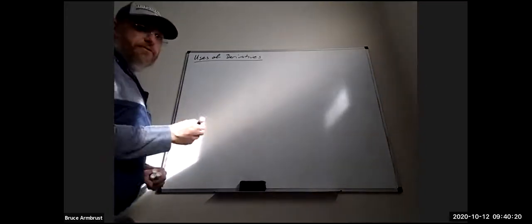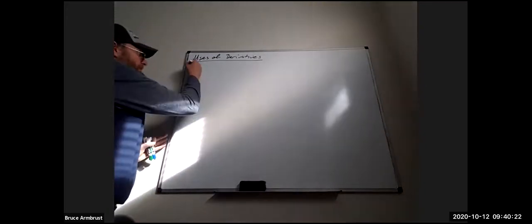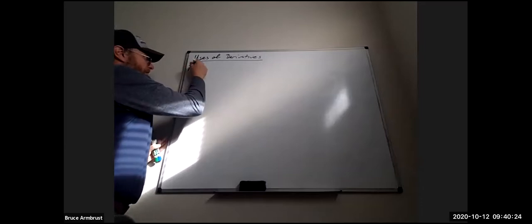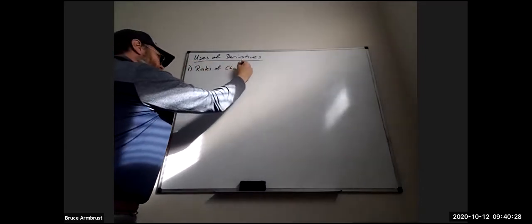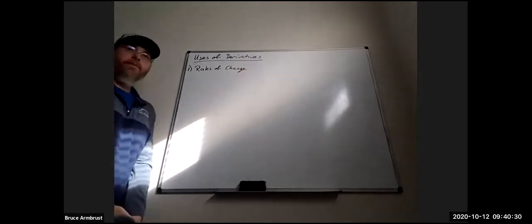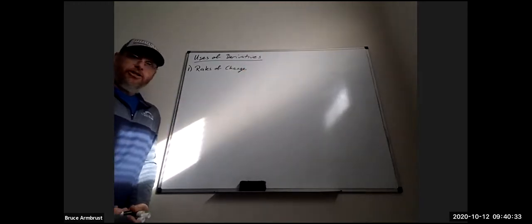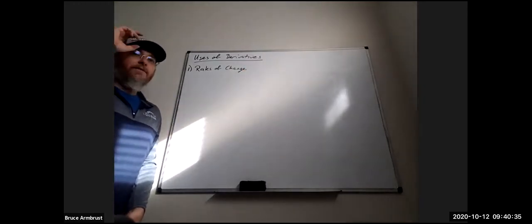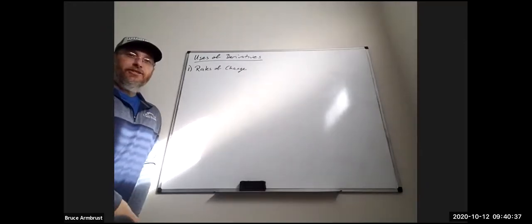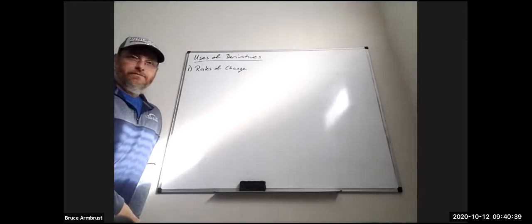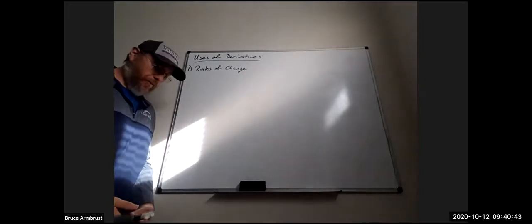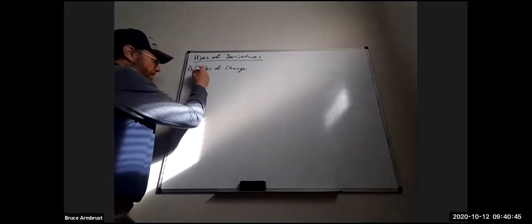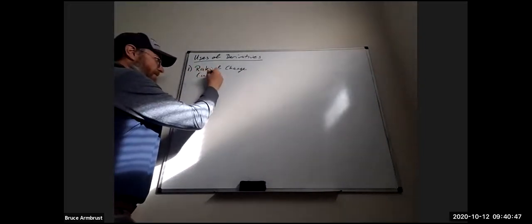Okay, so some uses of derivatives. First and foremost, this was the actual context of where it came from: rates of change. If you want to know how something is changing, that's what we use the derivative for, right? So I put here rates of change, and I'm actually going to put in parentheses here, instantaneous.